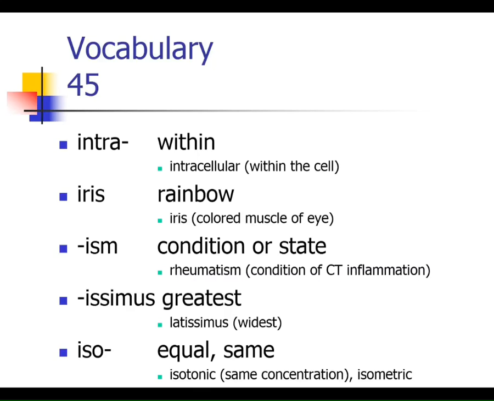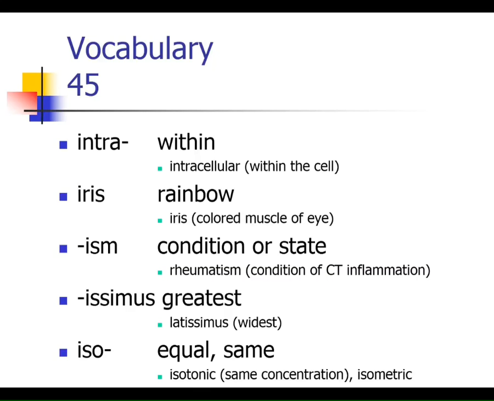Vocabulary, let's pick up here with 45. And there's some really, really highly used prefixes on this subset. You had hyper and hypo, and now we've got intra, right? Very, very big one. Intra means within. So intracellular, right, within the cell, inside the cell.